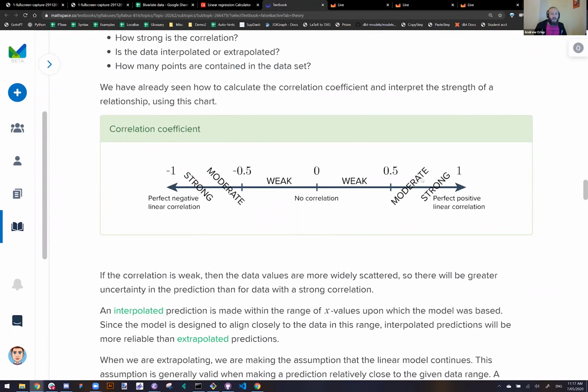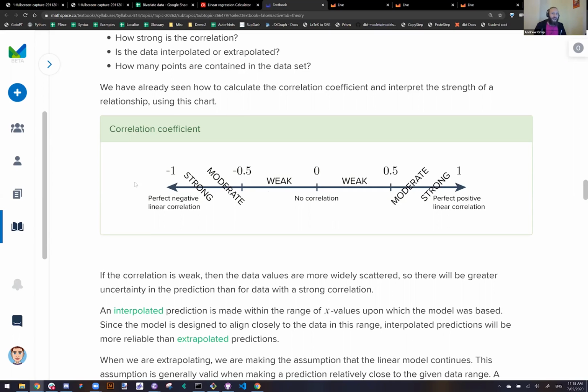So the correlation coefficient here, if we are up in this direction, the value is near 1. We have a strong positive linear correlation. As we get more towards 0.5, that's when we start talking about moderate. Below 0.5, that's weak. 0 is no correlation. And then when we start getting negative values, that's when the slope of the line goes down.